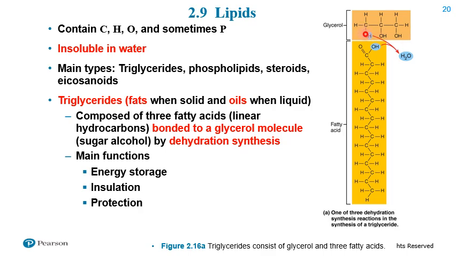So three fatty acids stuck to glycerol is a triglyceride molecule. That's very important for long-term energy storage, besides also serving as insulation, like body heat insulation, and also protection, for organ cushioning and protection from damage.